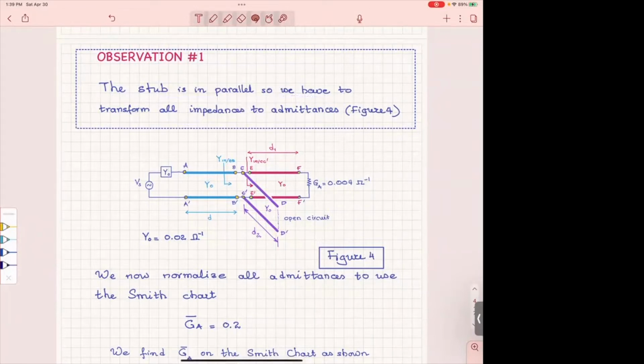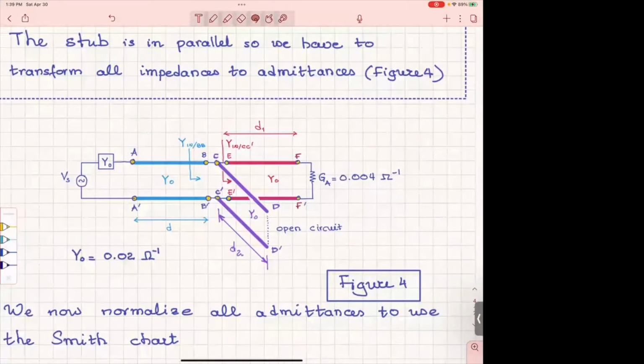If I were to do that, then you see what I'm doing here. All of the characteristic impedances, I make them characteristic admittances. I make the load an admittance, and then every input, instead of an input impedance, for example at BB prime, I write input admittance. Instead of an input impedance at EE prime, I write an input admittance here, all right?